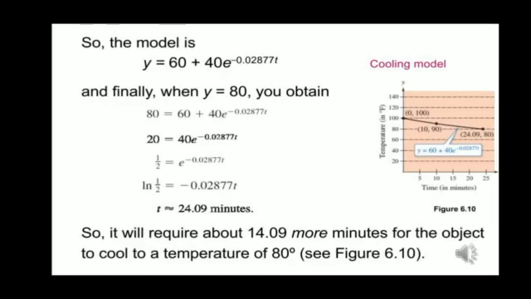Finally, when y is equal to 80, you obtain 80 is equal to 60 plus 40 e raised to minus 0.02877t. 20 is equal to 40 e raised to minus 0.02877t. 1 upon 2 is equal to e raised to minus 0.02877t. ln of 1 upon 2 is equal to minus 0.02877t. t is approximately equal to 24.09 minutes.